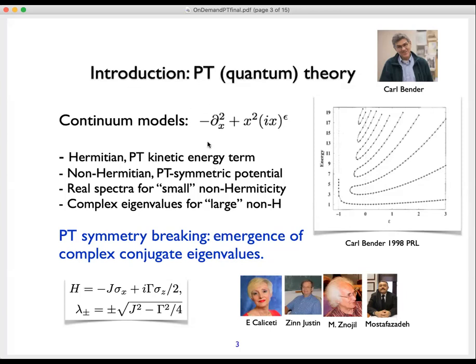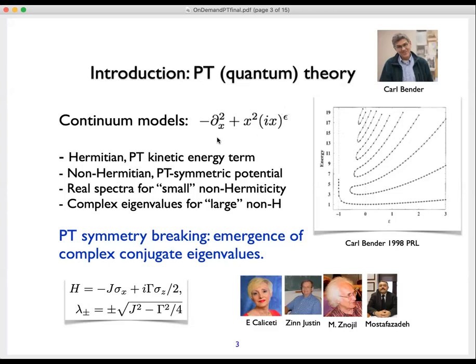It has a kinetic energy term, which is minus del x squared in appropriate units, and a potential term, which if epsilon equals 0 reaches our normal touchstone, sanity check limit, a simple harmonic oscillator. However, if epsilon is not 0, then you get this range of potentials, which are complex in general, or purely imaginary sometimes, depending on the value of epsilon.